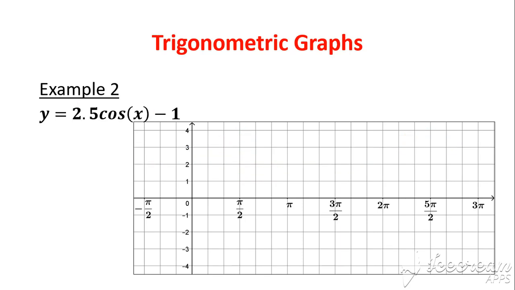Right, well, here's our second example. y equal to 2.5 cosine x subtract 1. Well, here's what the graph would look like. And I hope you can visualize and see that the whole graph has dropped 1 square. Some people think of it like the x-axis has moved down 1 square.